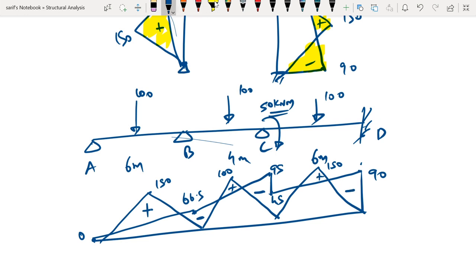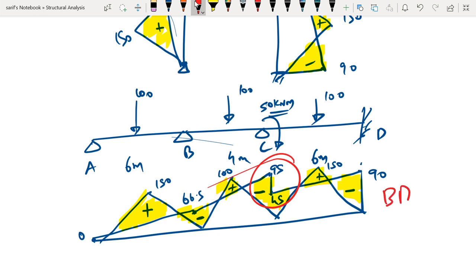So once again if we try to color it, this would be our active bending moment diagram. Okay, and if you see the bending moment diagram at the point C, you can see that there is a sudden fall in the bending moment diagram. So that indicates that there is a concentrated moment acting at that particular point.